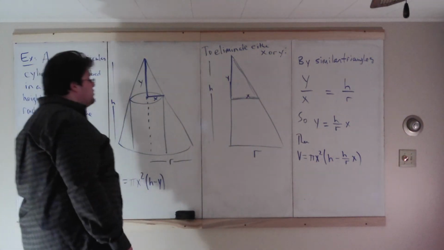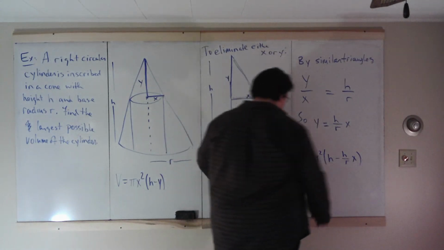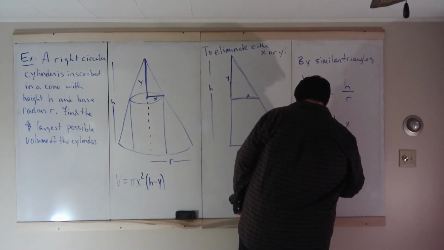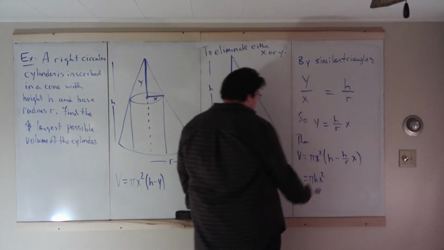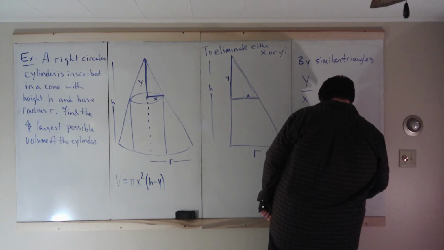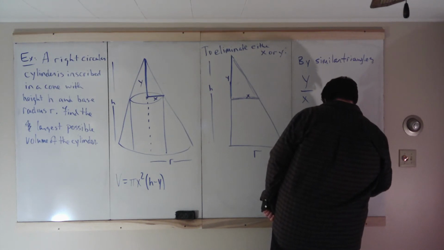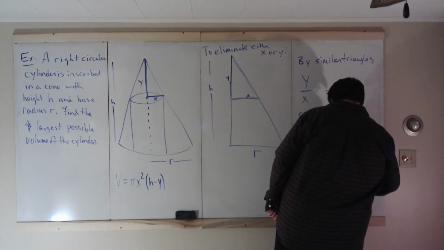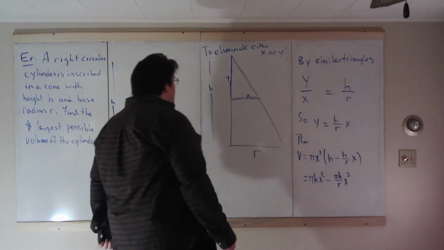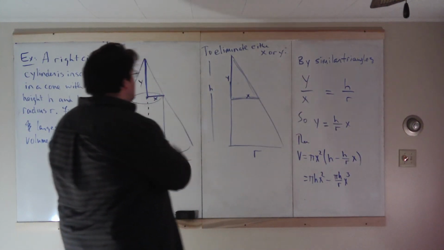And now I'm just going to distribute this. I don't want to deal with the product rule. I'm also going to put constants out front. So distribute onto h: pi h x squared minus pi h over r times x cubed.